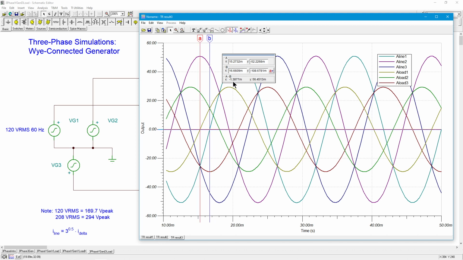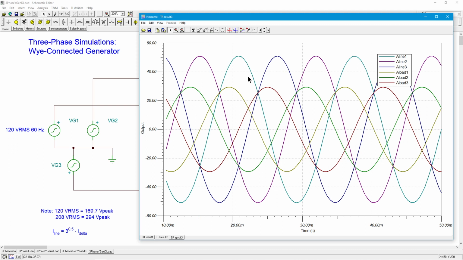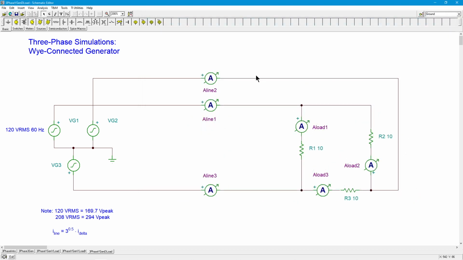Okay, so we're getting about 1.39 milliseconds for that shift. Again, 16 2/3 milliseconds for the period. So again, that's going to work out to the 30 degrees, right? Like I said, you can get out your calculator and verify that, but that's looking good, right? We see everything that we expect to see. And like I said, we don't have a 3-phase generator. We just built it, right?